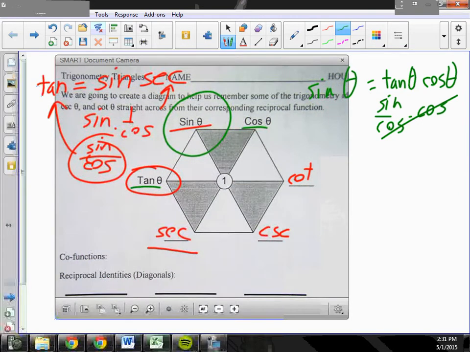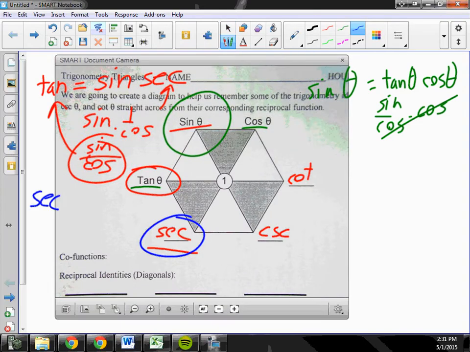Okay. So let's try another one. Let's do secant. So the secant is equal to the tangent times the cosecant. Well, what is the tangent in terms of sines and cosines? Sine over cosine. And what is the cosecant?